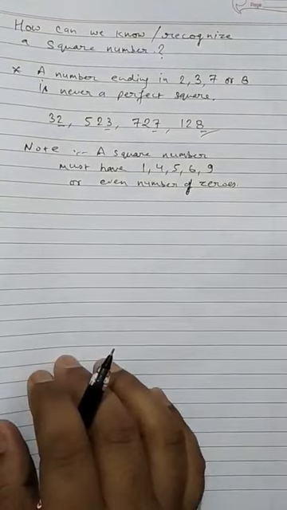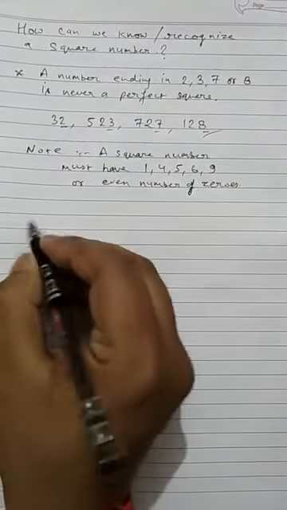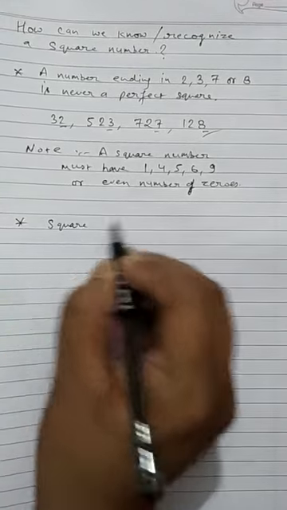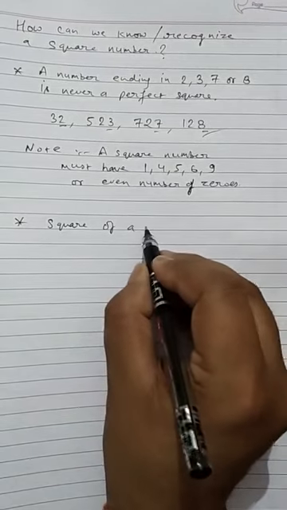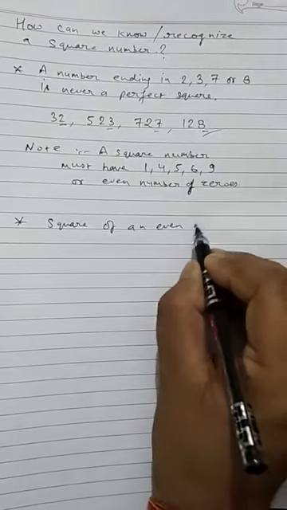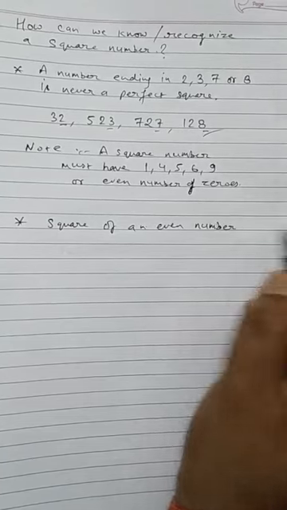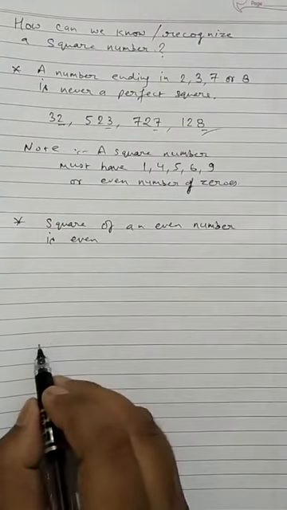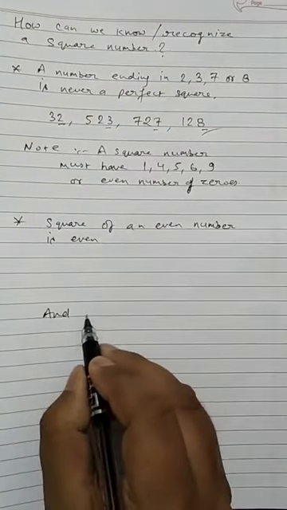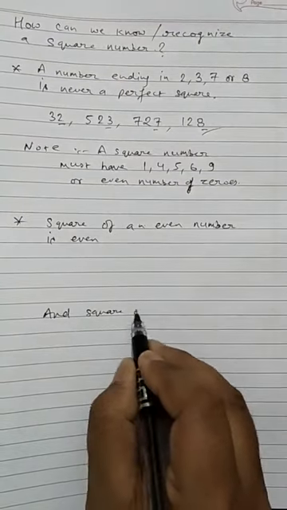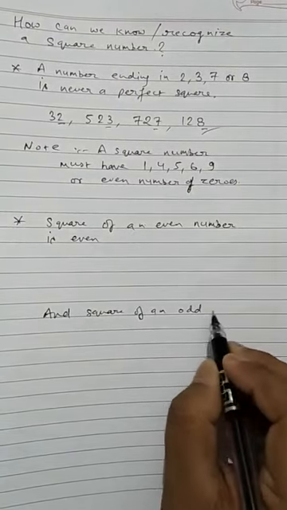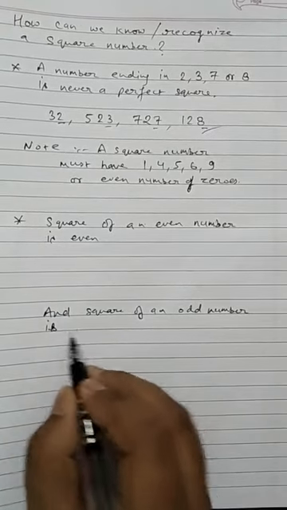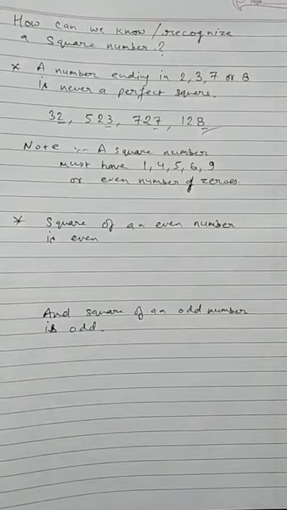And next you have to remember that the square of an even number is even, and the square of an odd number is odd.